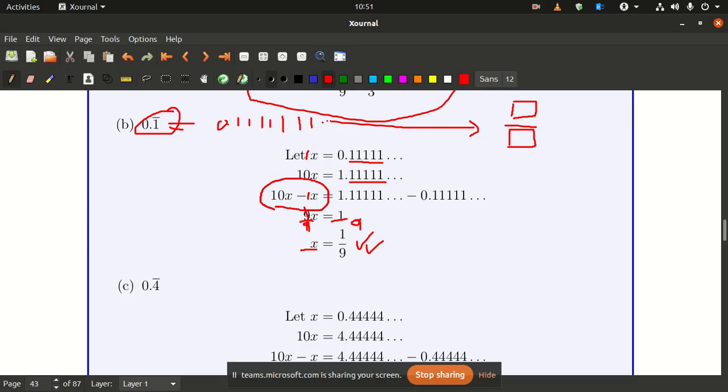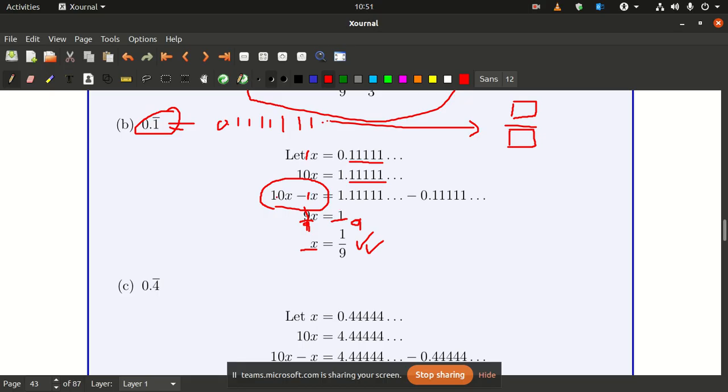This whole thing is about removing the numbers after the decimal point so that I have a numerator that is a number, not a decimal number, and a denominator that is a number, not a decimal number. And when you are subtracting, remember that these numbers are now the same. So subtracting them, you can see now I have a whole number, which is a 1 on the right, which is what we want to achieve.